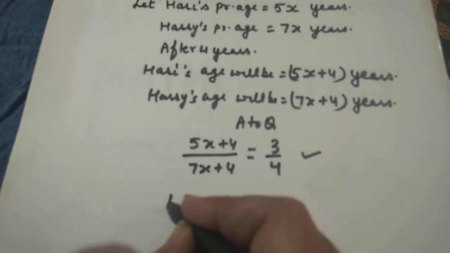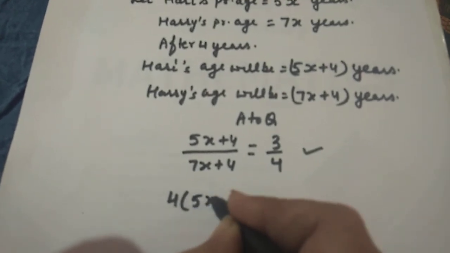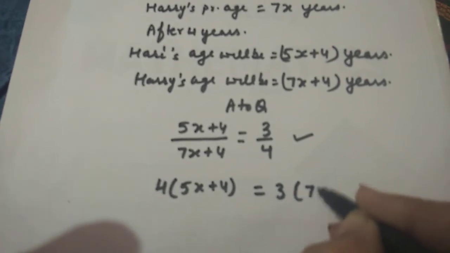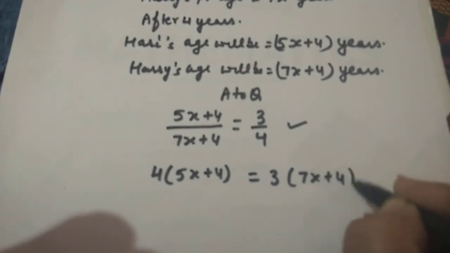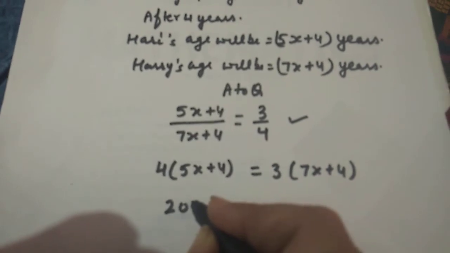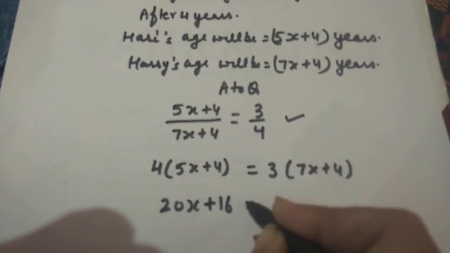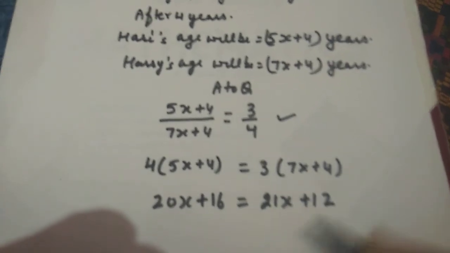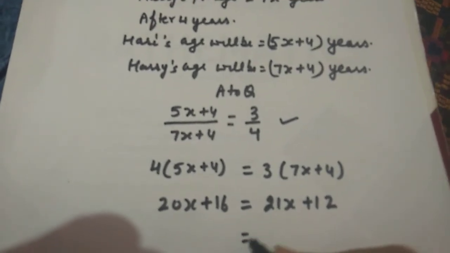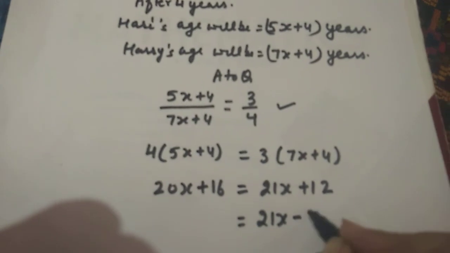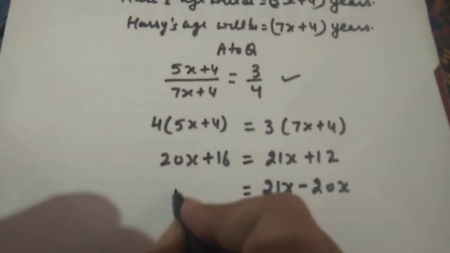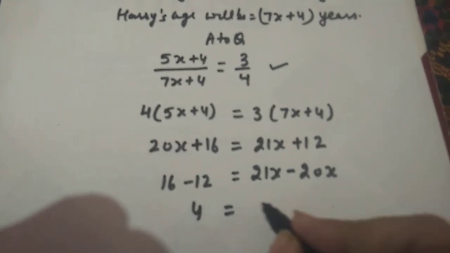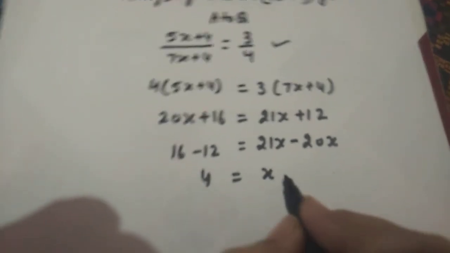By cross multiplication, 4 will be multiplied by 5x plus 4 and 3 with 7x plus 4. This is 20x plus 16 equals 21x plus 12. Now 21x minus 20x, and this side 16 minus 12, 4x. The value of x is 4.